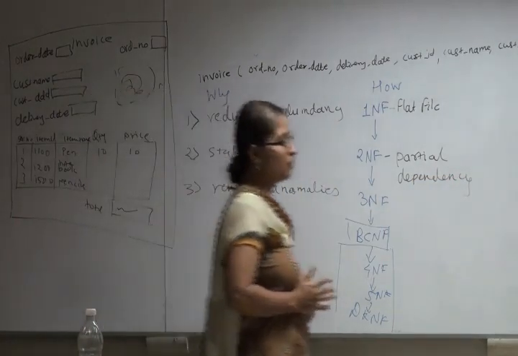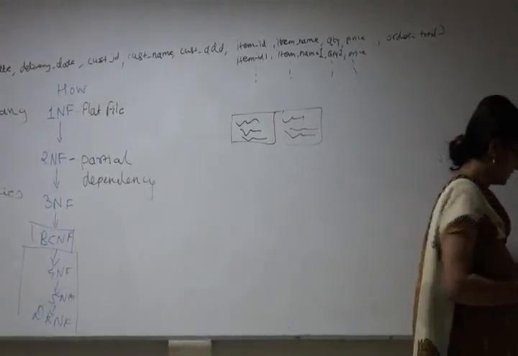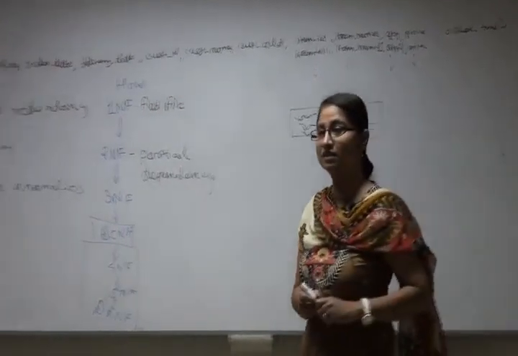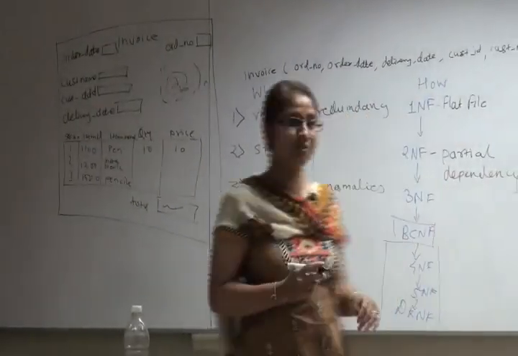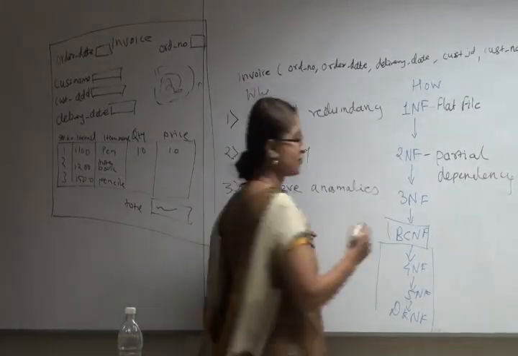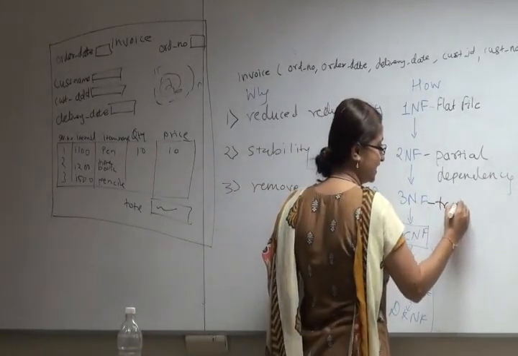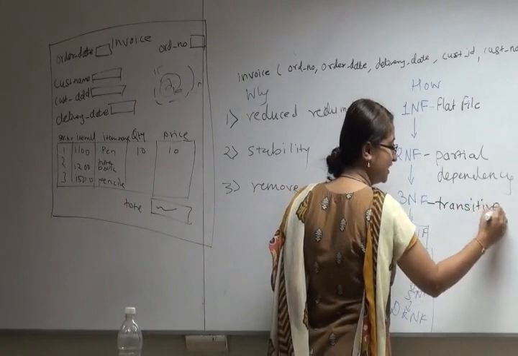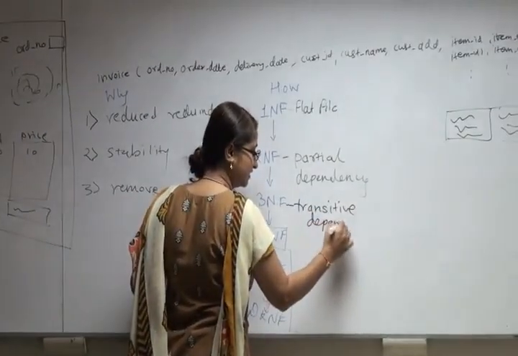And the third normal form is known as transitive dependency.